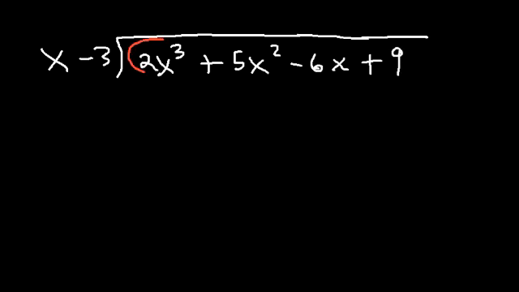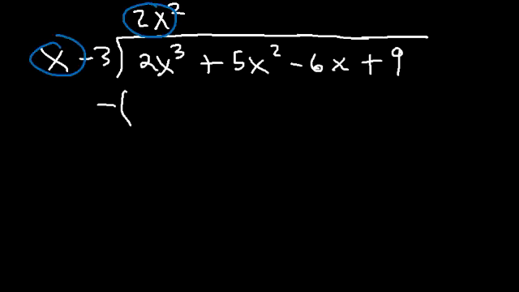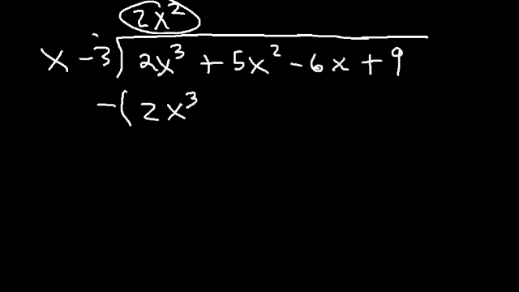So now what is 2x cubed divided by x? 2x cubed divided by x is 2x squared. So we're going to divide, and now we're going to multiply. 2x squared times x is 2x cubed. 2x squared times negative 3 is negative 6x squared.